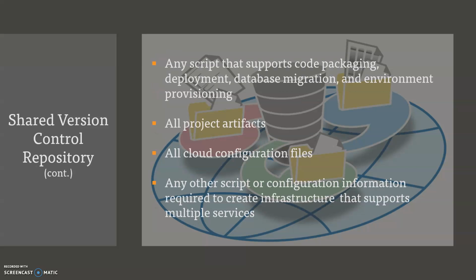We also need version control for any script that supports code packaging, deployment, database migration, and environment provisioning, all project artifacts and cloud configuration files, and any other script or configuration information required to create the environment.